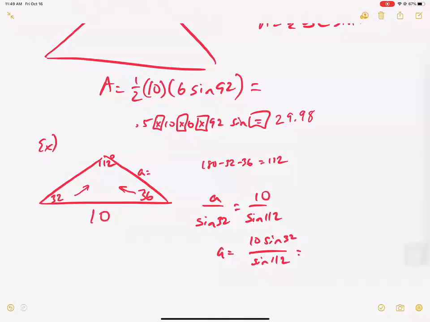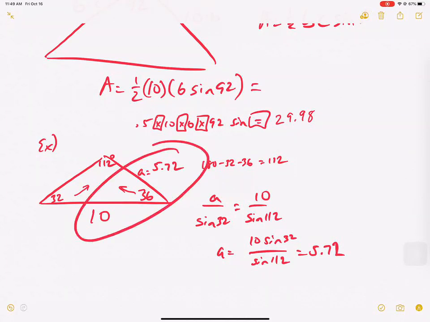I'm getting 5.71, rounding up, it's 5.72. So 5.72 on this side. Double check one more time. 5.72. Now we have our side angle side.